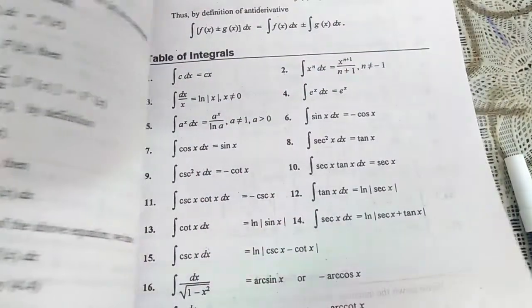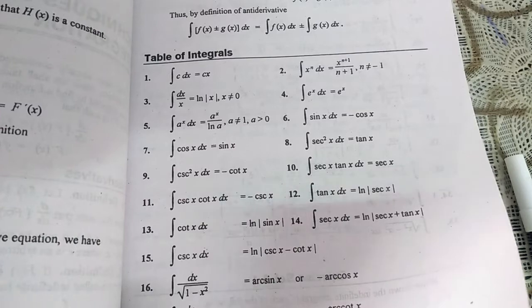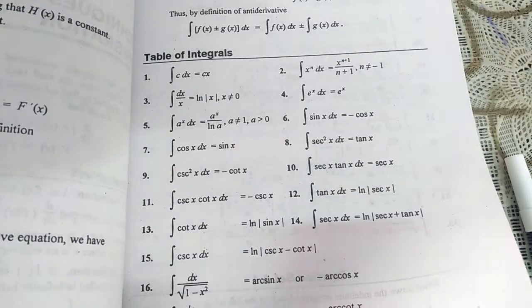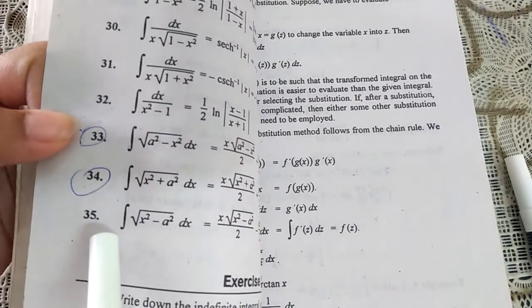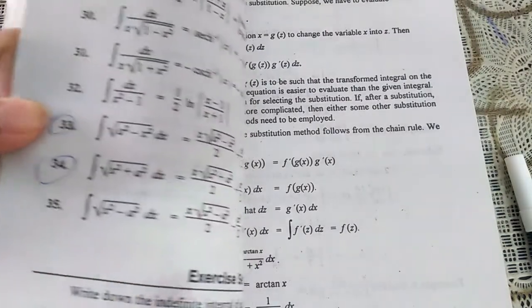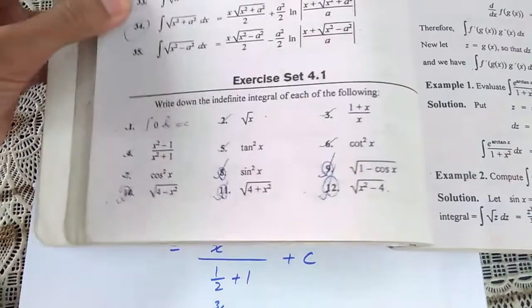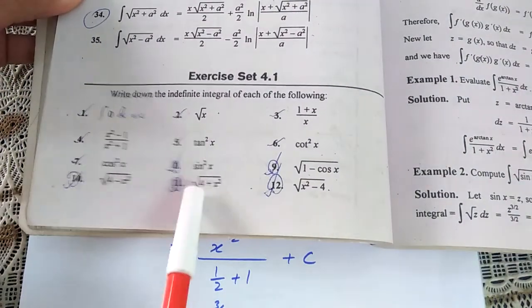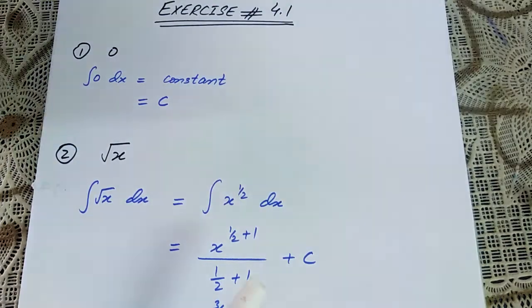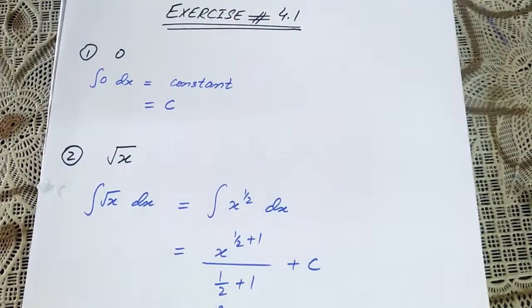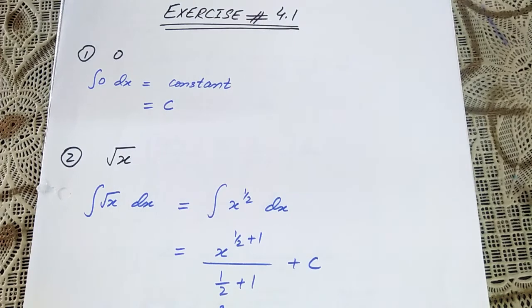These formulas will be needed to solve this chapter 4 that is related to the integration. The last three formulas 33, 34 and 35 are used in exercise 4.1, these three questions 10, 11 and 12. Now starting from question number 1 of 4.1, we have to integrate some functions.